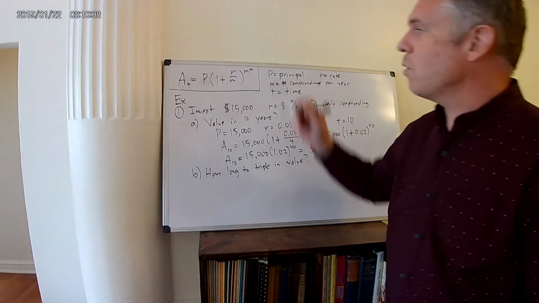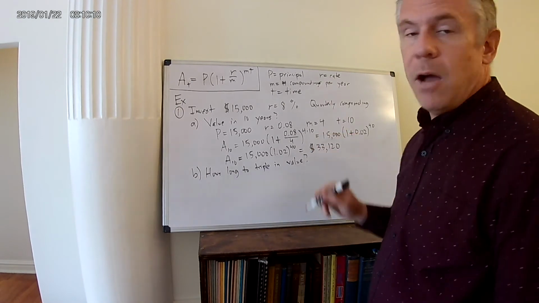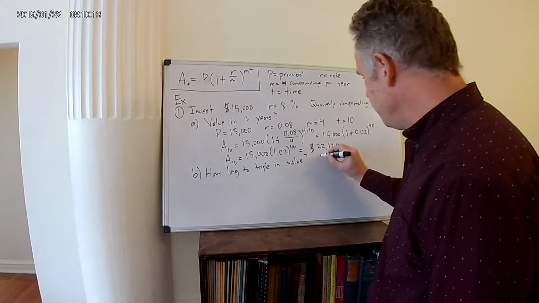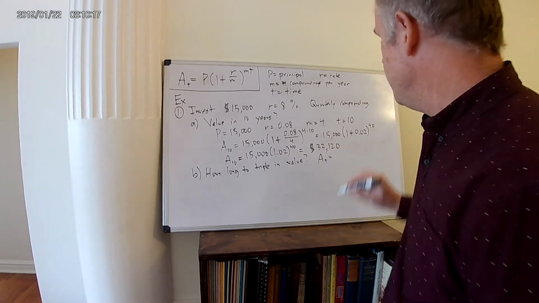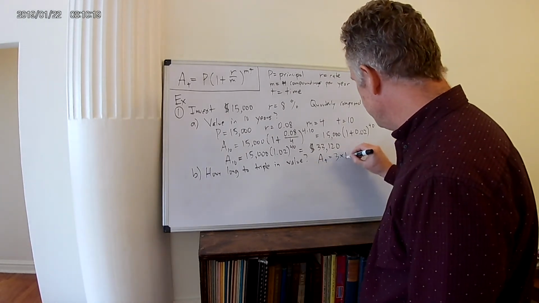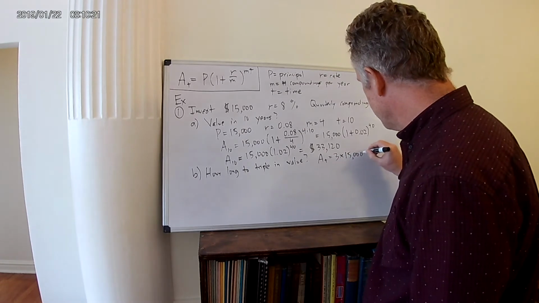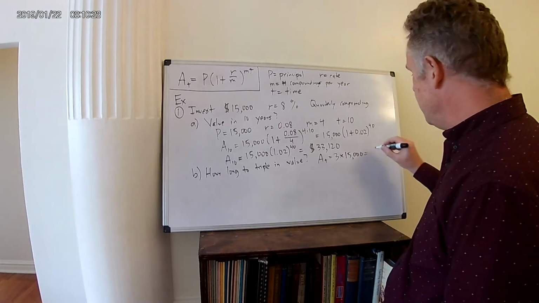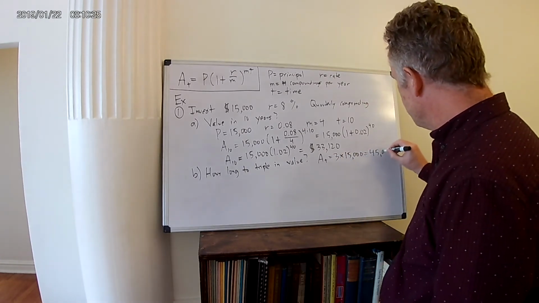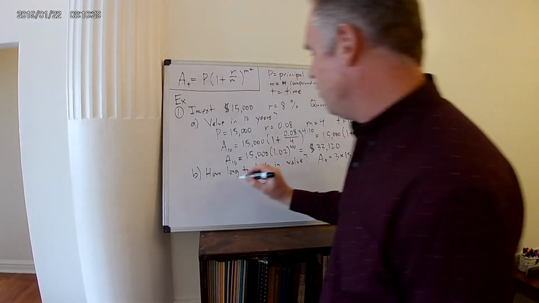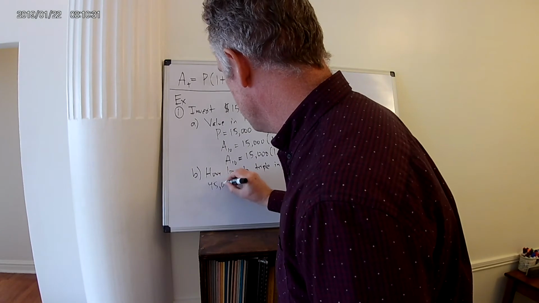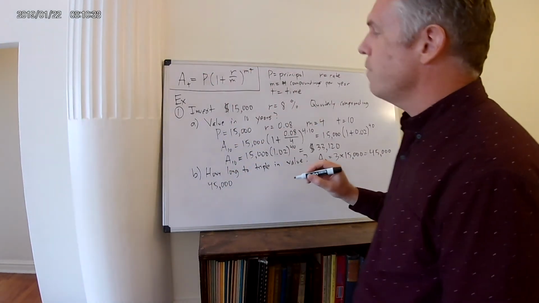So I'm going to use this formula again. Now, if the account triples in value, that means the future value, A sub t, is going to be 3 times $15,000, which is $45,000. So I can plug in $45,000 for my future value.